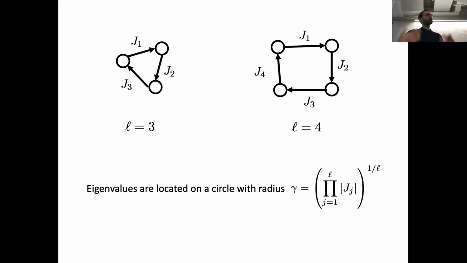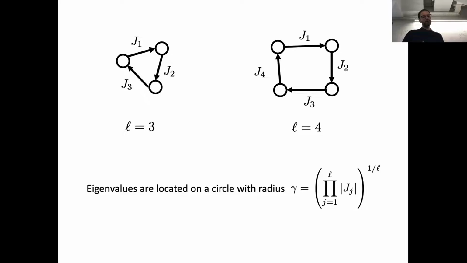And these cycles, you can compute the eigenvalues of those. So they lie on a circle with radius gamma. Hence, if the weights of these circles are large enough, you will get a stochastic outlier eigenvalue. So this probability is small, but non-zero.